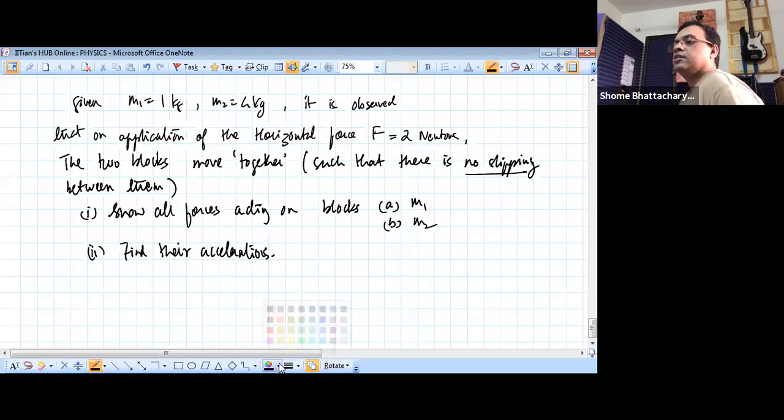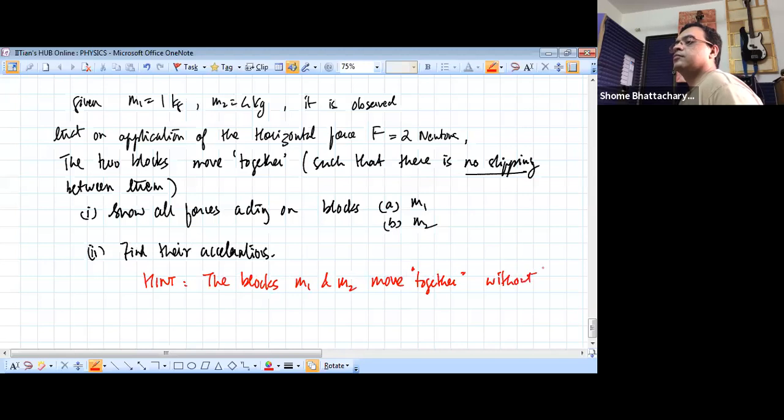So in this question, I'll straight away give you a hint. And the hint is the blocks M1 and M2 move together without slipping, due to friction acting between them.